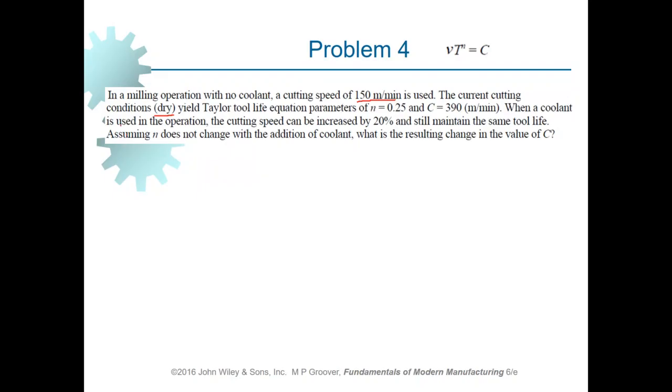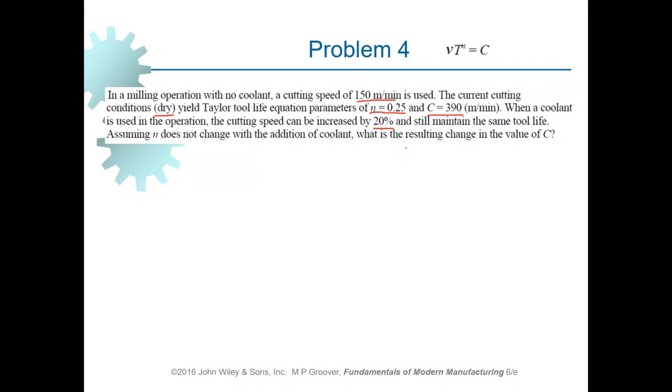The current cutting condition, which is dry, yields a Taylor tool life equation. The value of N is this much and the value of C is this much. When dry machining is used, the values of N and C are as given in the statement of the problem. When coolant is used in the operation, then cutting speed can be increased by 20%.